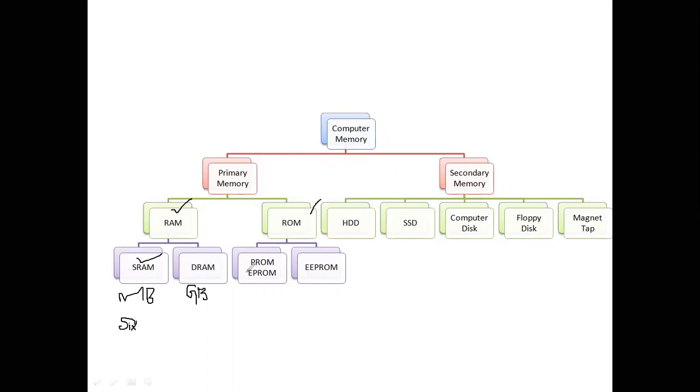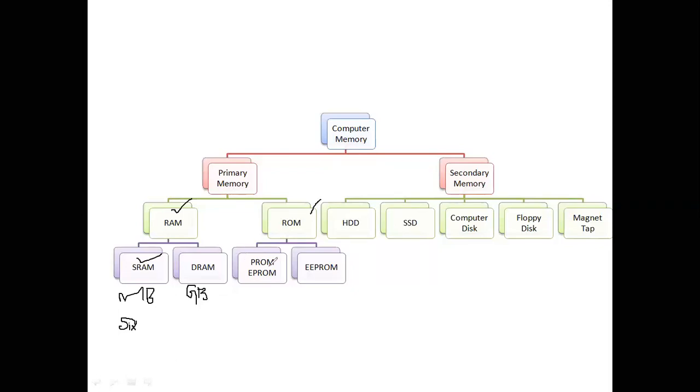Let's move on to the other categories. There are three categories, but I have broadly classified them here: PROM, EPROM, and EEPROM. What do you mean by PROM? PROM is programmable read-only memory.